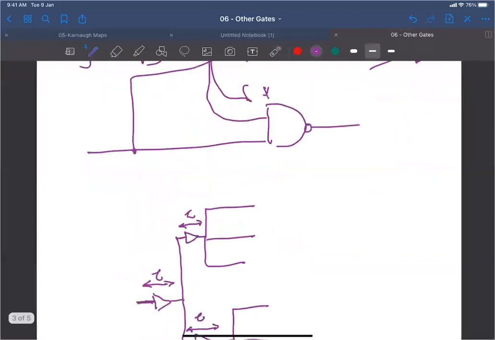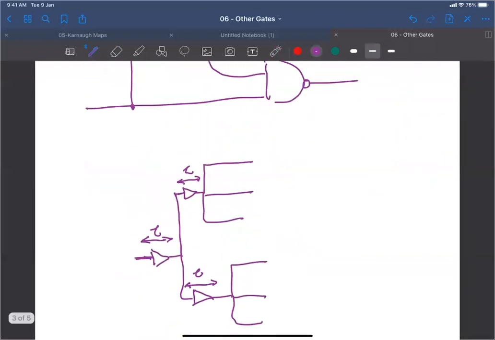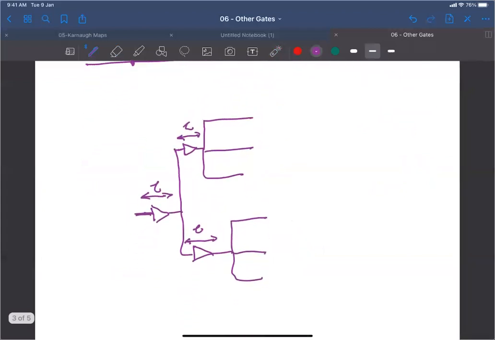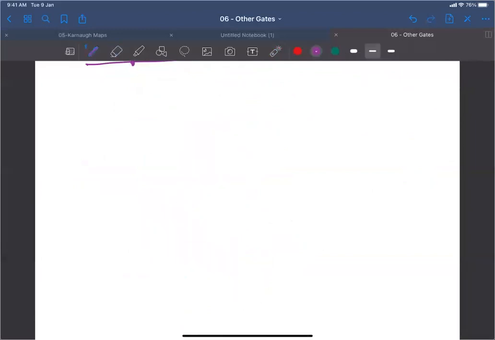So the main reason for using the buffer is to amplify the signal. Here is another example. Let me redraw this from the beginning so that it becomes clear. Suppose that we have an output here, coming from, let's say, an AND gate, and then this output goes to three branches.